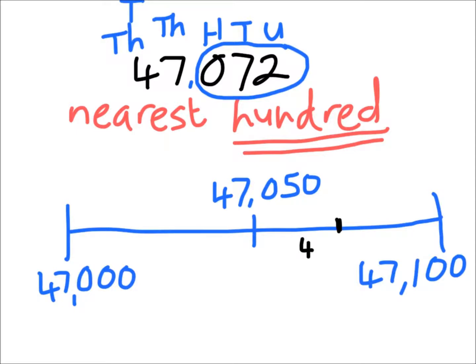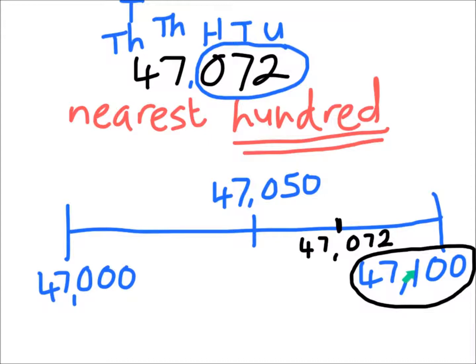Doesn't have to be perfect, as long as it's roughly the right area. Now, when we're rounding to the nearest hundred, you'll see from the number line very clearly that visually we're going to round up, because 47,072 is much closer to 47,100 than it is to 47,000.